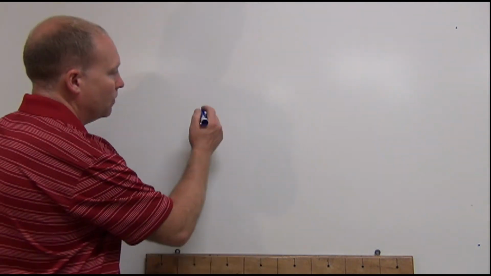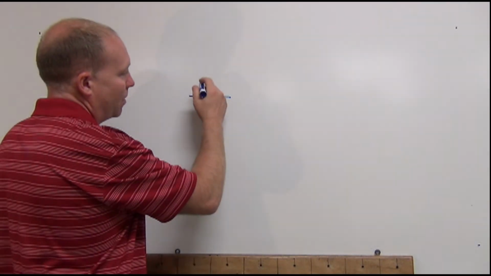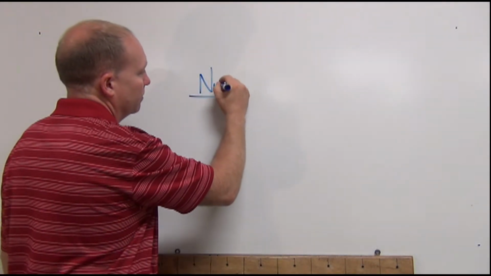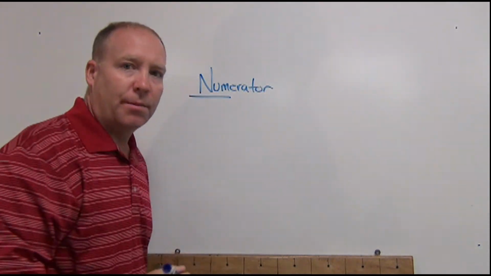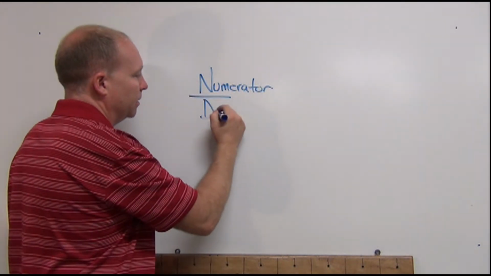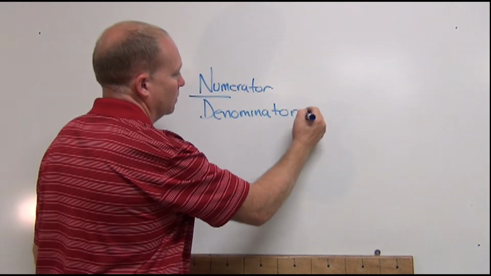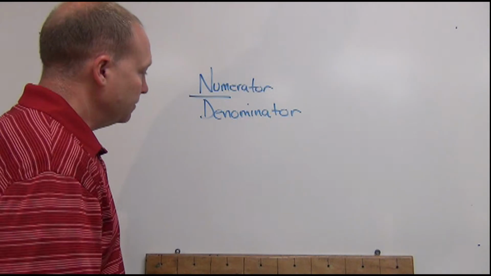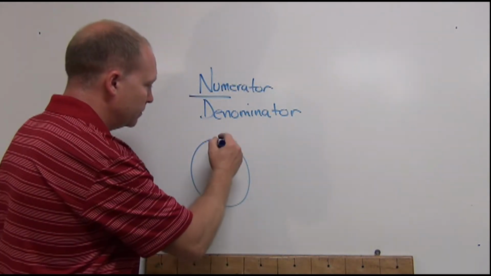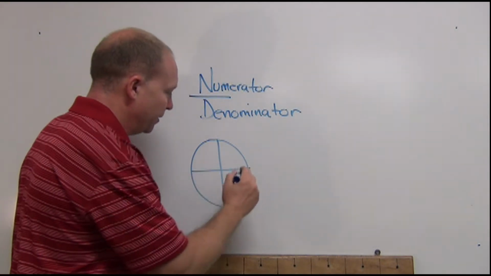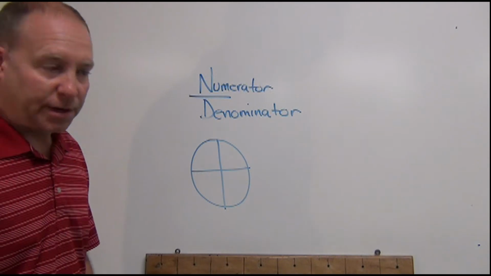All right, so on your fraction we have a top number, which is called the numerator, and we have a bottom number, which is called the denominator. If we can relate that to this picture, before I ever shade anything in, there is something that we know from this picture.